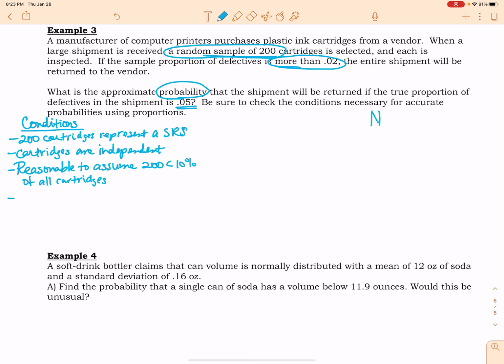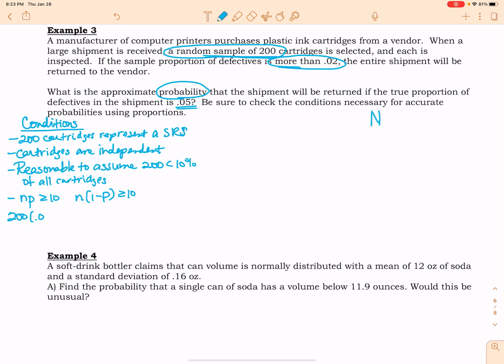And then, of course, I need at least 10 that are defective, and at least 10 that are not defective, to ensure that my sample size is large enough to be representative of the population. So I am going to take np greater than or equal to 10, and n times (1 minus p) greater than or equal to 10.